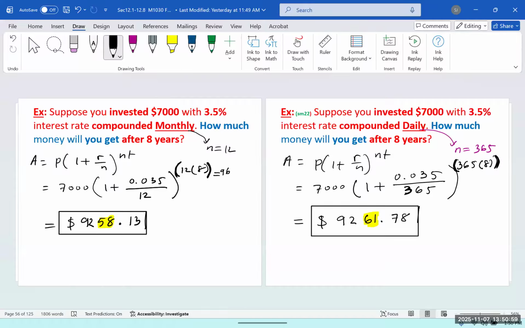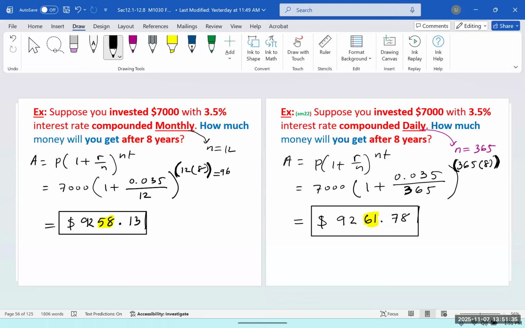Same number, different number, same. 61. Jahana, you got something different? No.